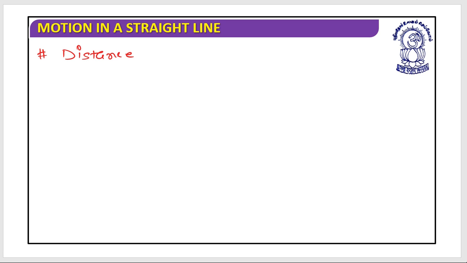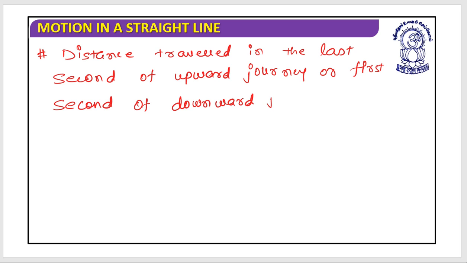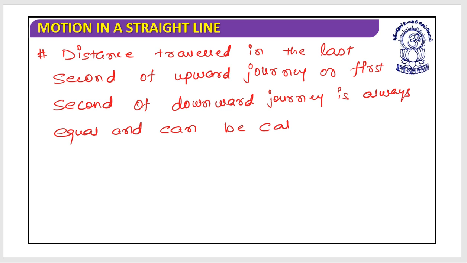Distance traveled in the last second of upward journey or first second of downward journey is always equal and can be calculated as h equals half into g into t square.